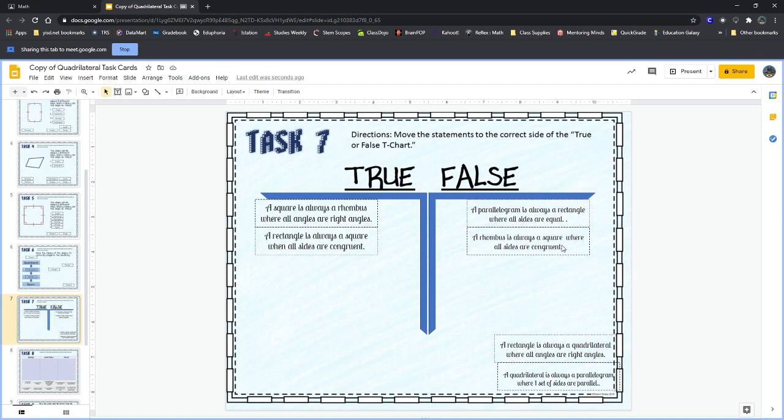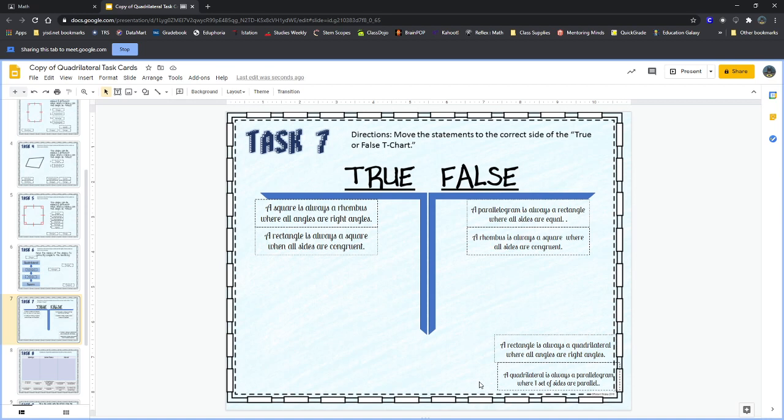But a rhombus does not have to have right angles. A rhombus can have right angles, or it can have acute angles, or it can have obtuse angles. A rhombus gets to have whatever kind of angles it wants. So, a rhombus is not always a square, because sometimes a rhombus has acute angles and sometimes it has obtuse angles. Can't have those if you're a square.